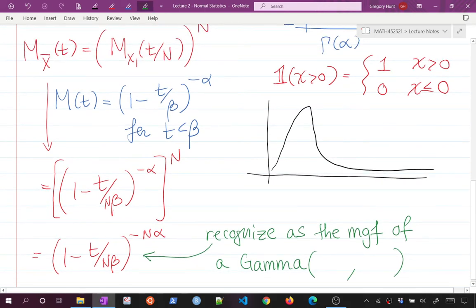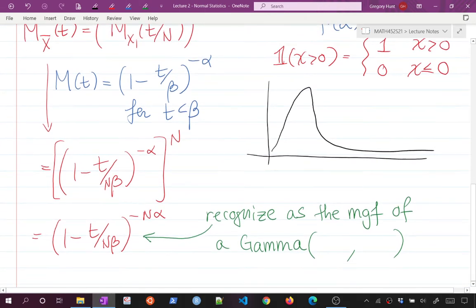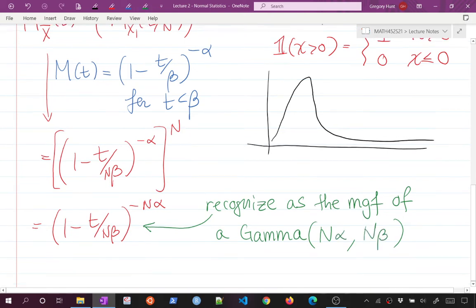So how do I recognize this as the MGF of a gamma? It has a very similar form to this blue MGF up here. That MGF is 1 minus t over beta to the negative alpha. And this is similar, but instead of beta, it's n beta. Instead of alpha, it's n alpha. And so it's going to just be the MGF of a gamma(n alpha, n beta) distribution.